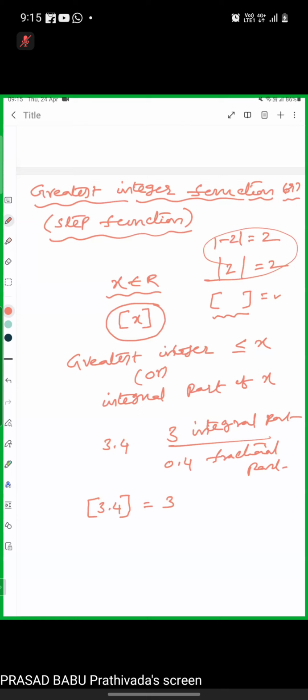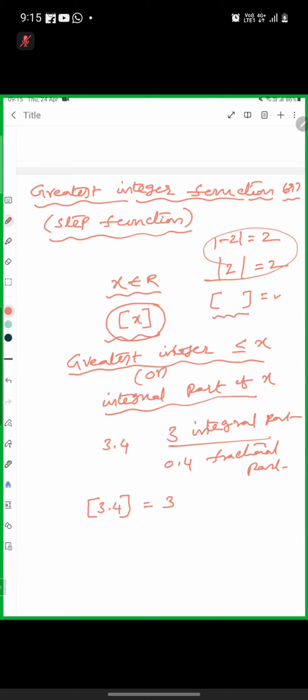3. Listen once again. I said this step x is the integral part of x as well as the greatest integer less than or equal to x. In this example, what is our x? 3.4. First tell me the integers that are less than or equal to 3.4.